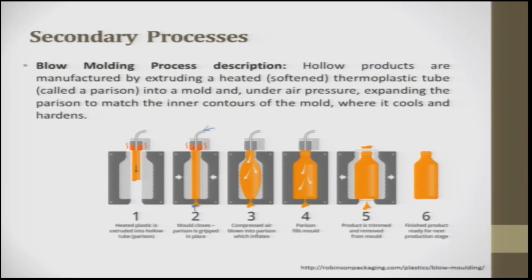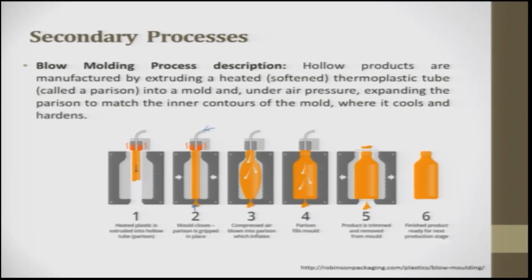Once the air is pushed from the top, this is a viscoelastic polymer material, so it tries to expand. The volume of air is made sure to be such that it equals the volume of this container or is slightly higher. Then all the viscoelastic material gets expanded and touches the die surface.